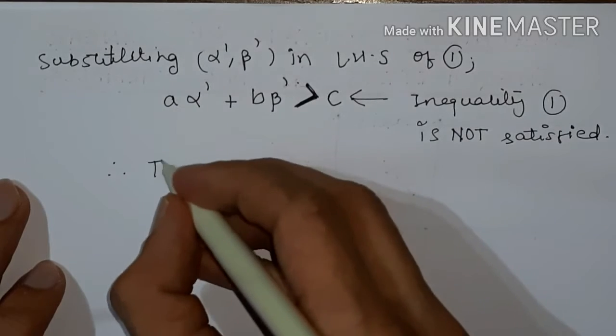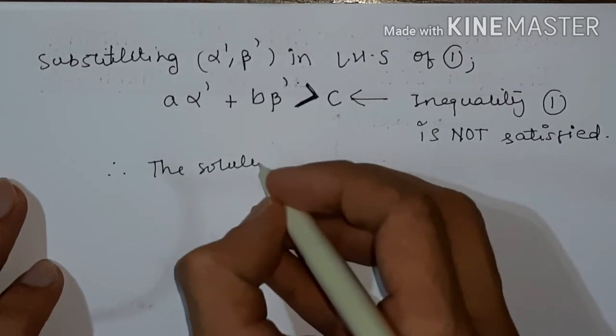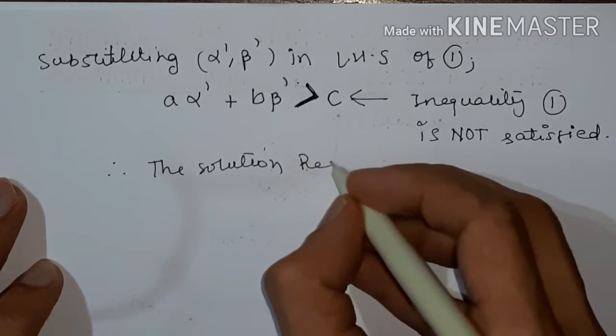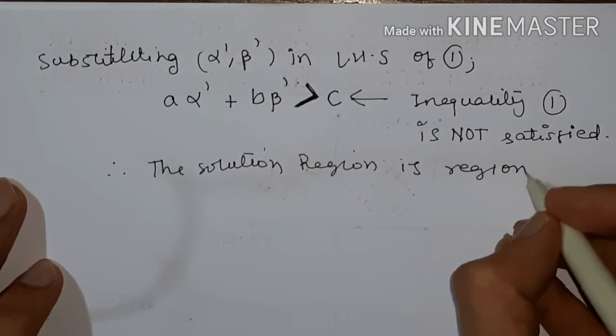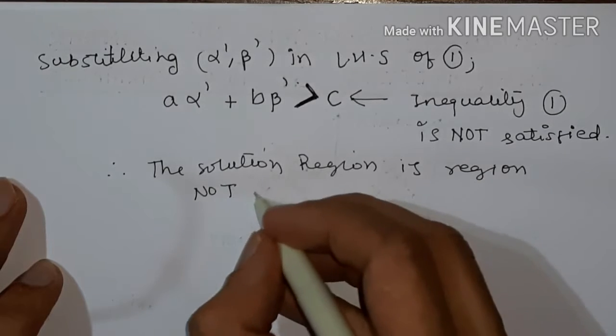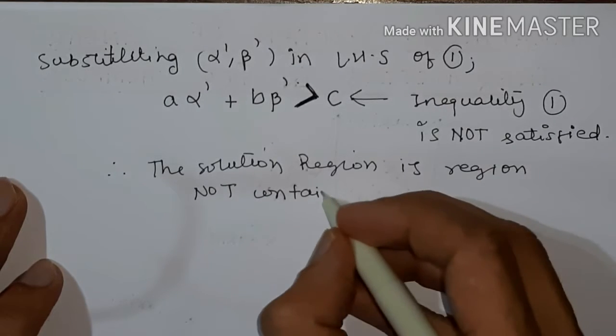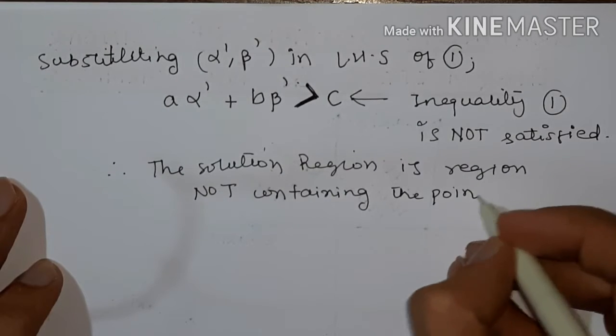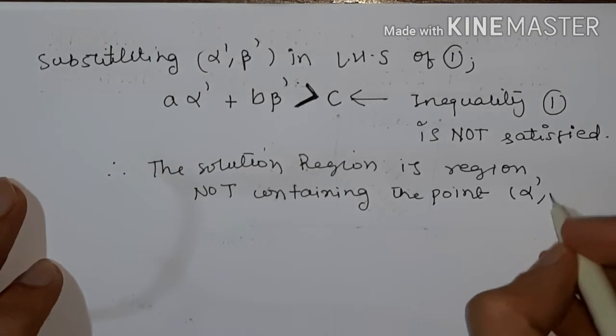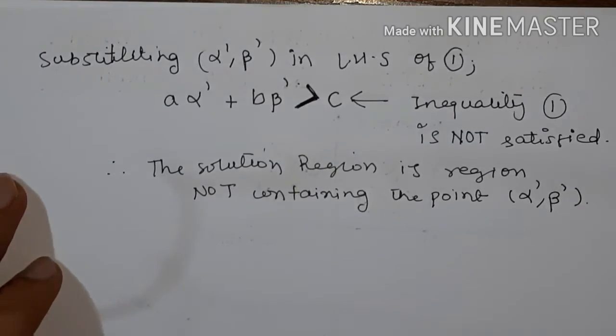So therefore the solution region is the region not containing the point alpha prime comma beta prime, okay.